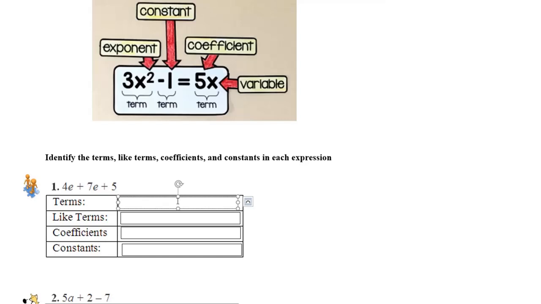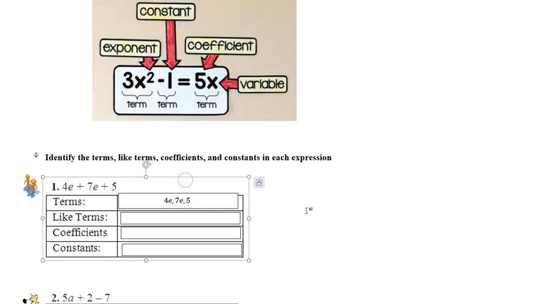Good. So I'm going to list all 3 terms right here: 4e, 7e, and 5 as the 3 different terms, but some people might say that there are 2 types of terms here. Which ones are alike? Which ones are like terms? Andrea.